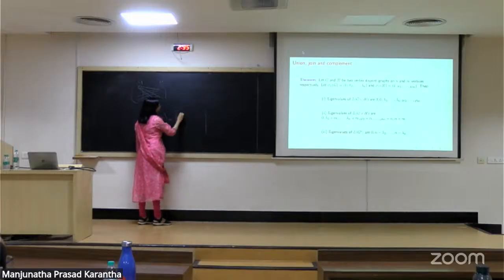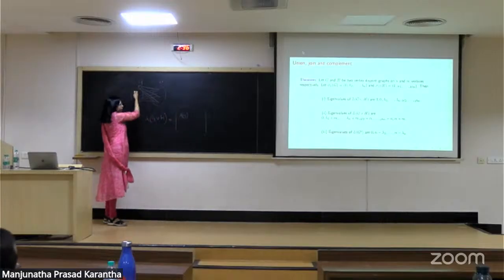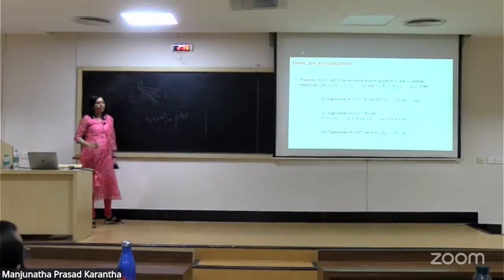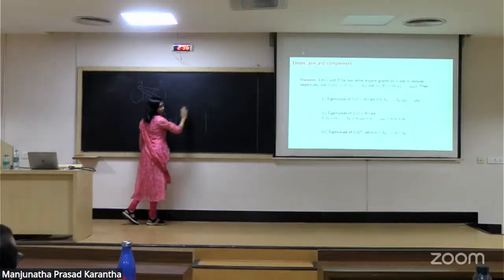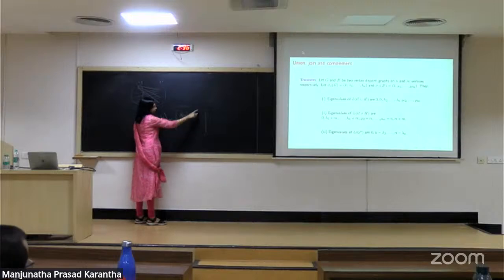So you keep the adjacency matrix of G first, with the vertices of G and then the vertices of H, and the adjacencies between the vertices of H are there.